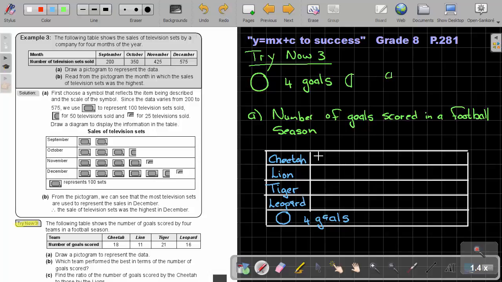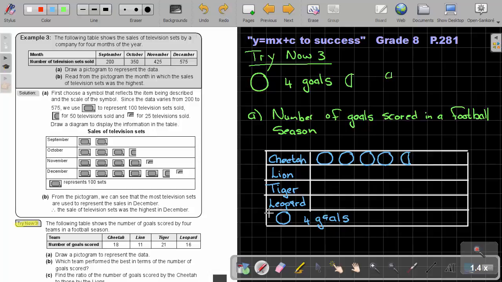Okay, and then if I look at this, it's 18. 18 divided by 4 gives 4 full balls and a half. So I'm going to make 1, 2, 3, 4, and the last one will just be a half.